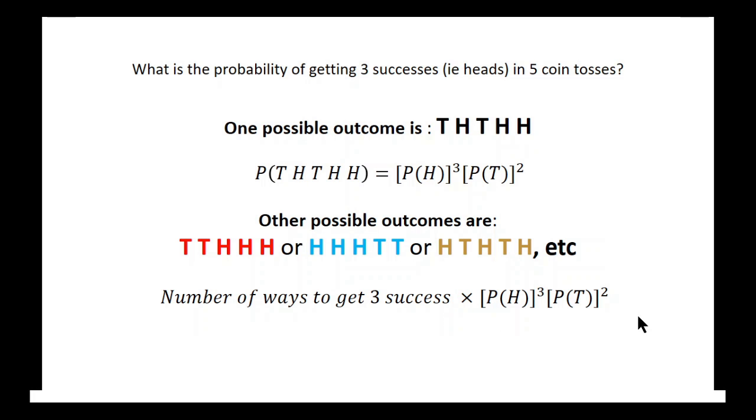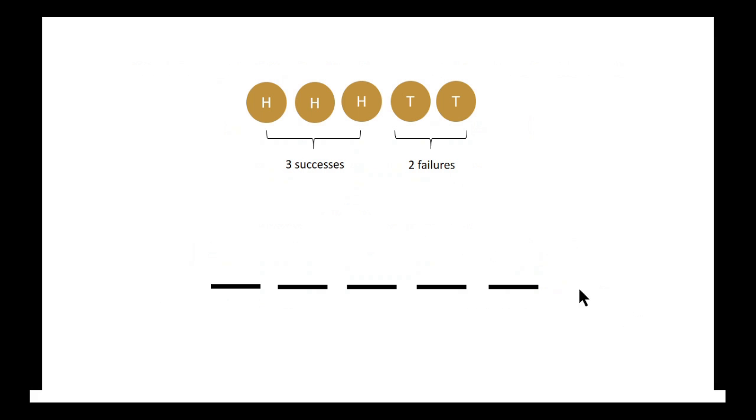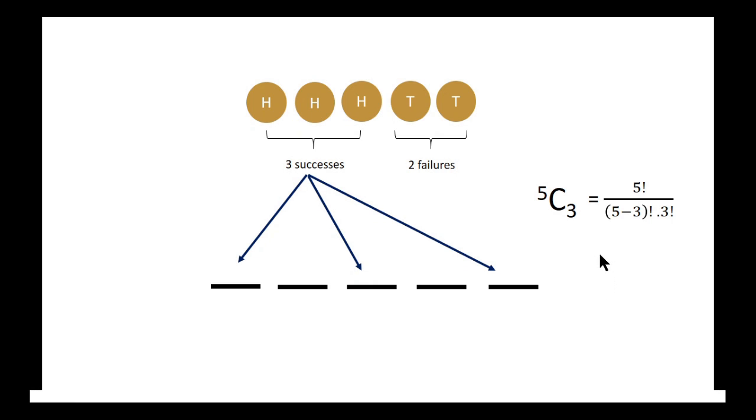Let us find that. There are 3 successes and 2 failures. And there are 5 available places or positions, and the 3 successes can occupy any 3 out of 5 places. The number of ways that 3 successes can occupy 5 available spaces is 5 choose 3. That is 5 factorial divided by (5 minus 3) factorial times 3 factorial.